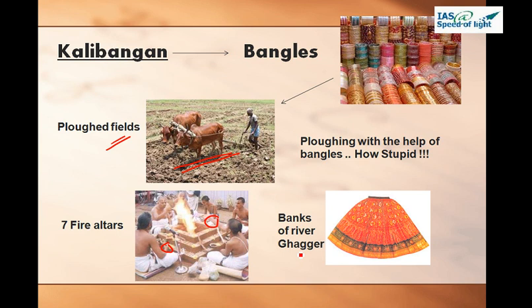We are linking 3 different informations. Now close your eyes. First image was of plugged fields where a farmer was plugging the field with the help of bangles. Second image was of fire altars where priests or Brahmins doing the Havan were wearing bangles. And third is on the river Ghagar.